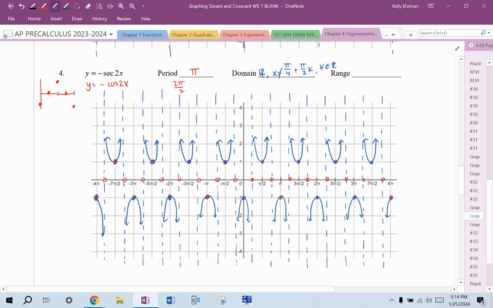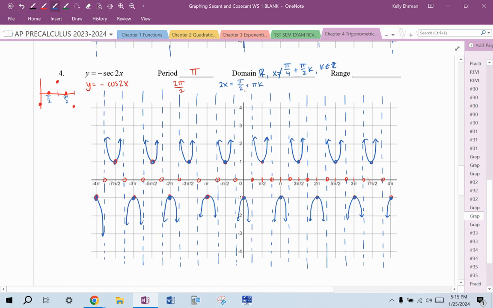What if I had to do that algebraically? I would say, all right, I've got a 2x. I'm going to set that equal to the original secant asymptotes. Secant, or cosine, is 0 at the pi over 2's. So the original formula that we have from our notes is, okay, regular secant graph has asymptotes at pi over 2 plus pi k.